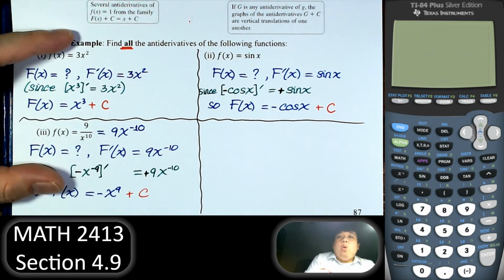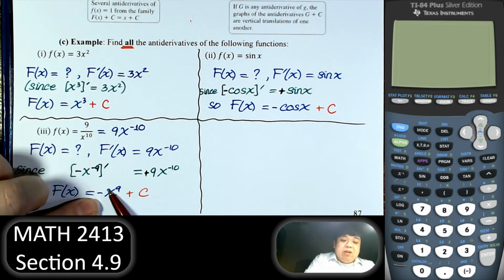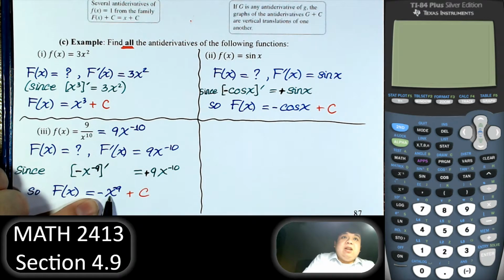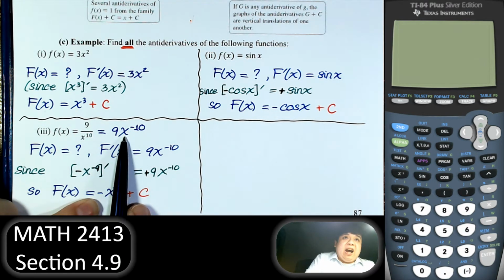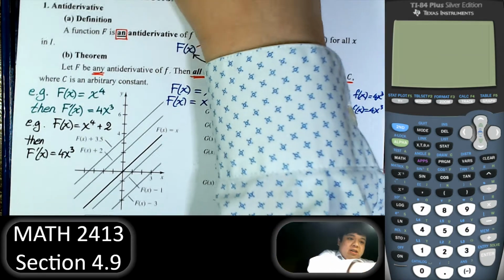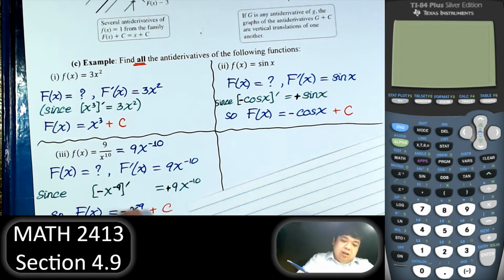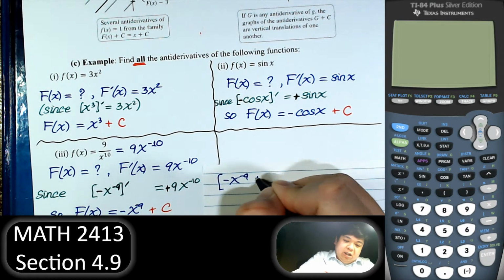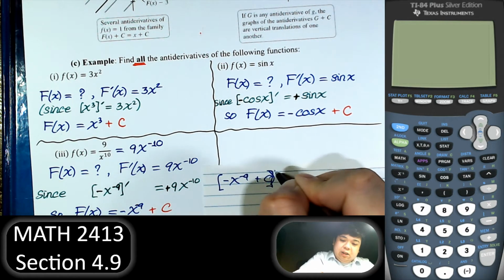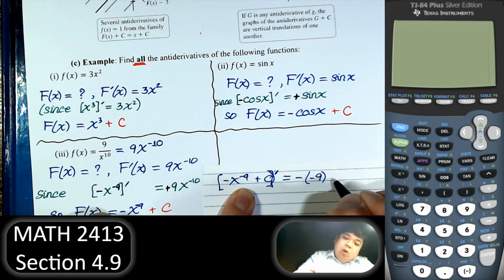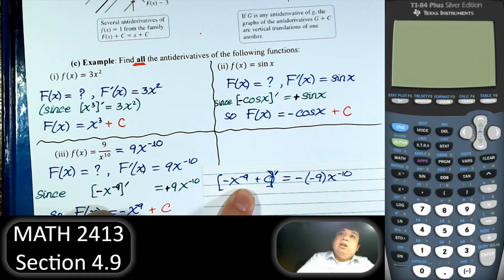Of course, we can always verify by checking the derivative of this. The derivative of this, of course, is going to give us 9x to the negative 10. We can check that easily, right? The derivative of negative x to the negative 9 plus constant c: take down the negative 9, original power minus 1.